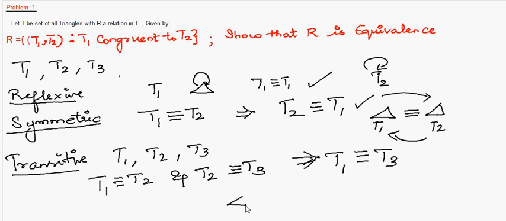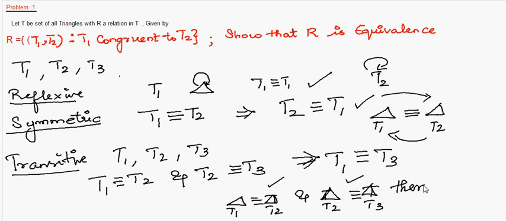That means, if triangle T1 is similar to triangle T2, and triangle T2 is similar to triangle T3, then triangle T1 is similar to T3. So all these relations hold good.